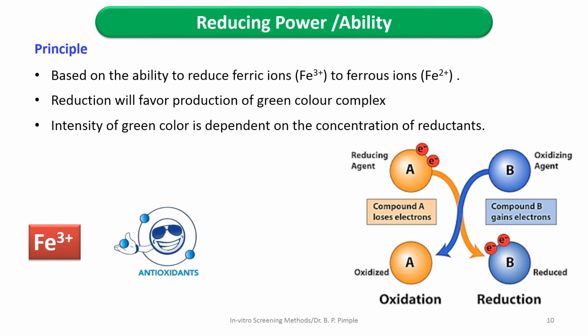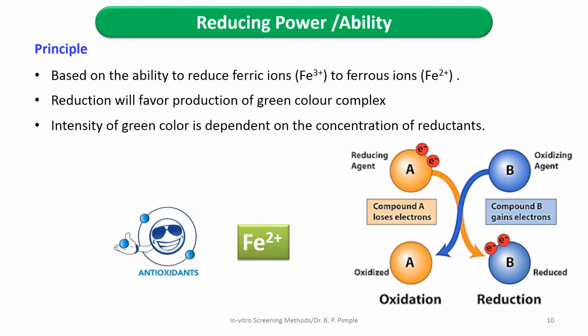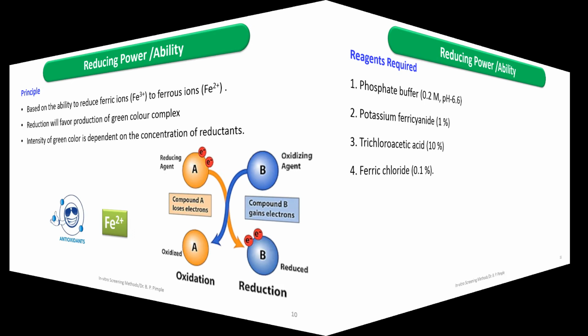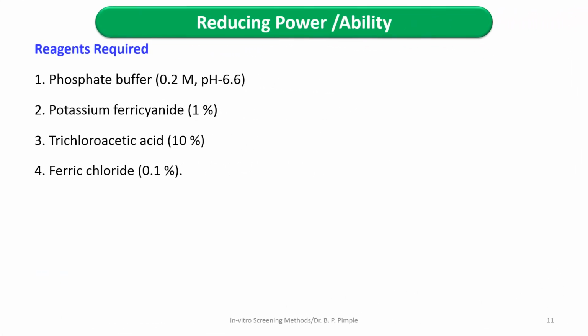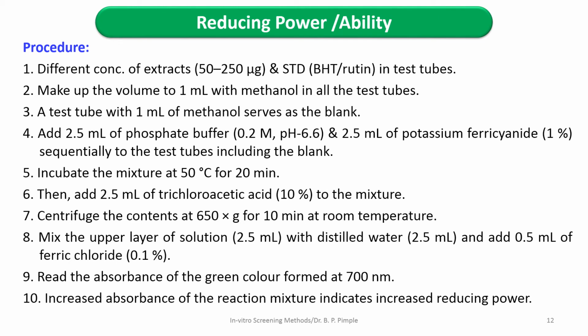Ferric ions are converted to ferrous by the antioxidant. Once they are converted to ferrous, they get green color. Required for this activity are phosphate buffer, potassium ferricyanide, trichloroacetic acid. This is the detailed procedure for this process.